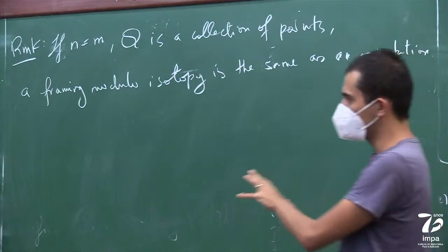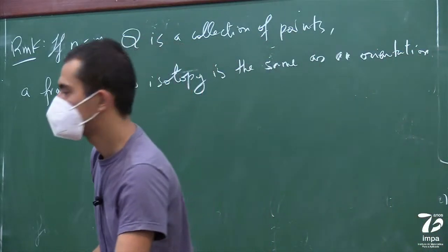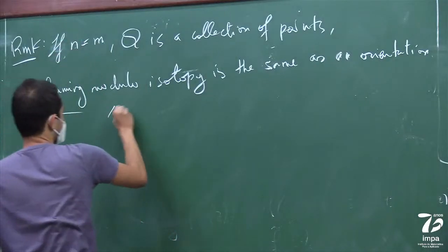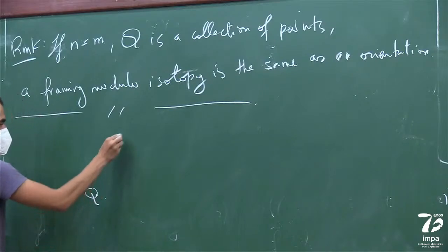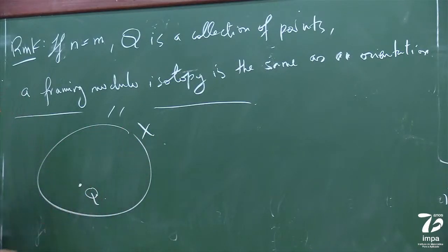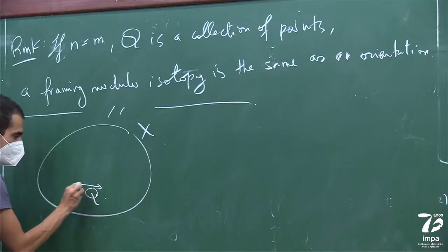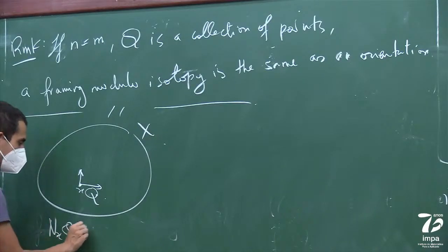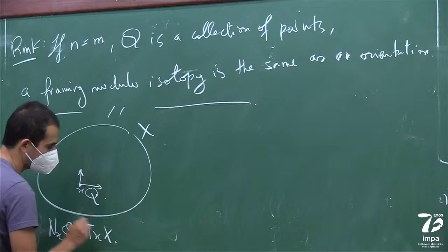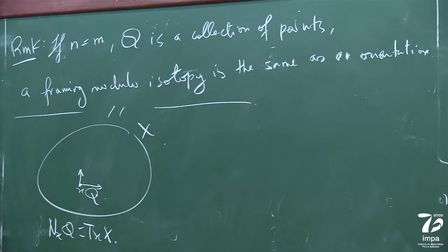I mean, that's already true without even looking at pre-images. So if I take a point, if my submanifold is a point inside of X, what's a framing? A framing is a choice of a basis for the normal space. So if this is X, then the normal bundle is the same as the tangent bundle. It can be identified with the tangent bundle. So a framing will be just a choice of basis there.